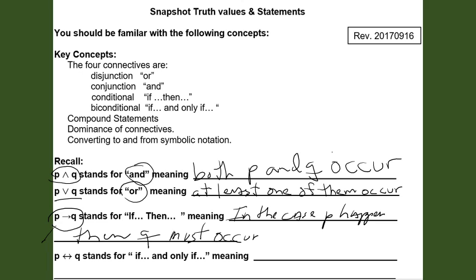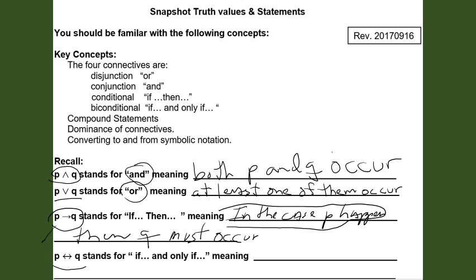Now when P does not happen, this statement says nothing. When P does not happen, this is a statement not about that situation. This is a statement that in the case P happens, we know Q must happen.